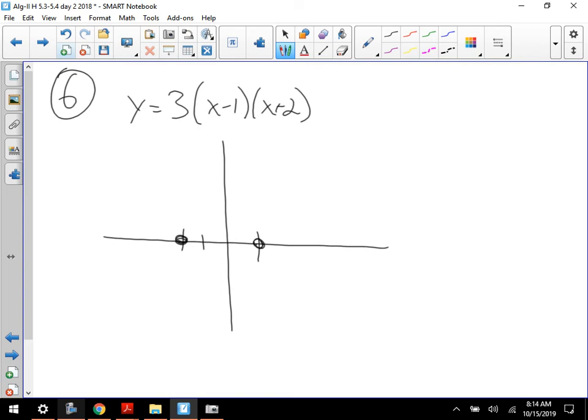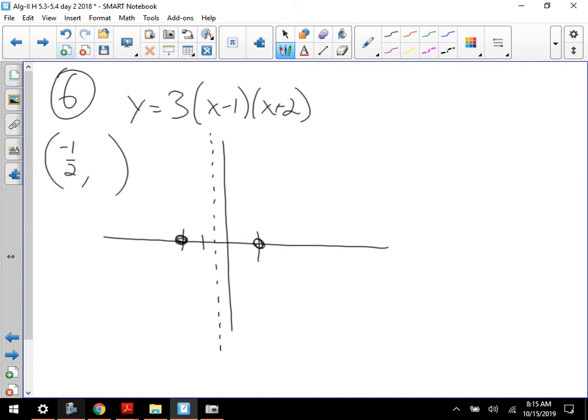We also know that if I add those two zeros together, so what's negative 2 plus 1? And then our axis of symmetry, when you divide it by 2, you get negative 1/2 for your axis of symmetry. Okay. So our axis of symmetry is the halfway point of those two values. So our vertex will be at negative 1/2 comma something.